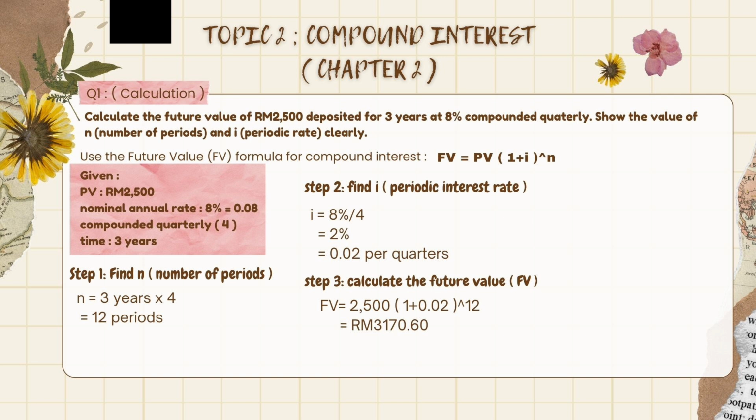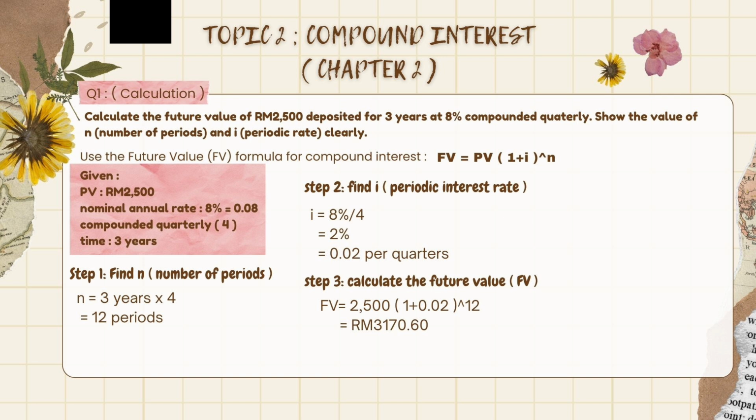So for step 1, we have to find n, the number of periods. Since the interest is compounded quarterly, there are 4 compounding periods in 1 year. N equals 3 years times 4, which is 12 periods.